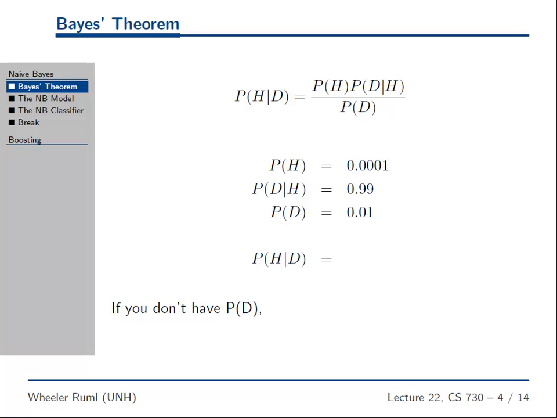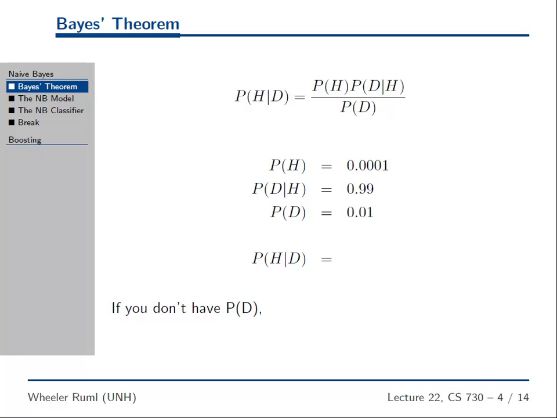So H is it's a 7, and D is the data, these pixel values. You're going to have a pretty good sense of the probability that it's a 7, because I'm going to tell you right now that we have this big pool of test data, equally distributed between all the digits, and we're going to pull out randomly. So the probability of it being a 7 is 0.1, 1/10.